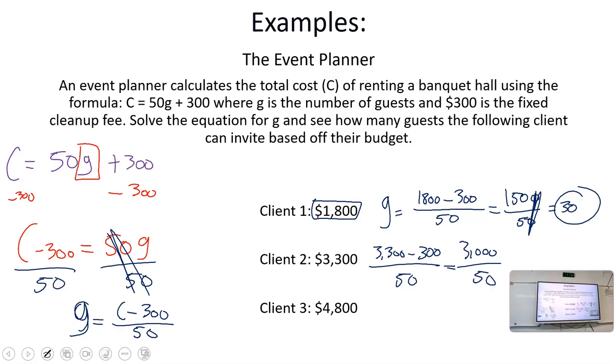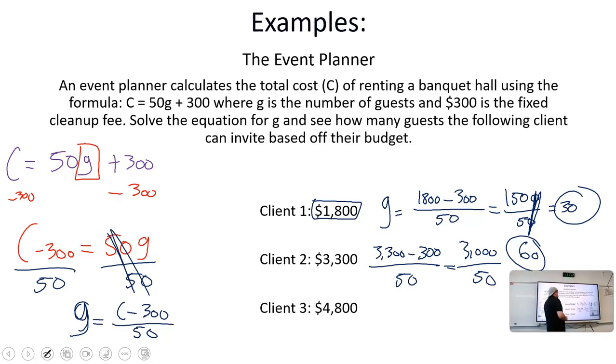And what do you get? All right, hopefully you are getting 60 as your answer. Okay, 3,000 divided by 50 is 60 guests. So if you have a budget of 3,300, you can invite 60 guests.